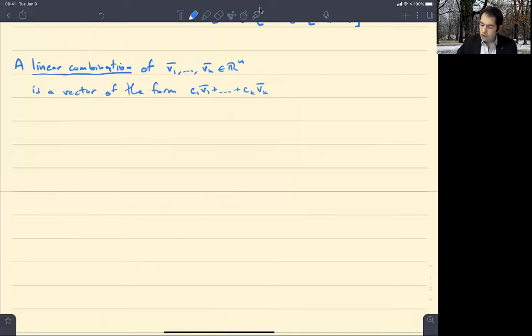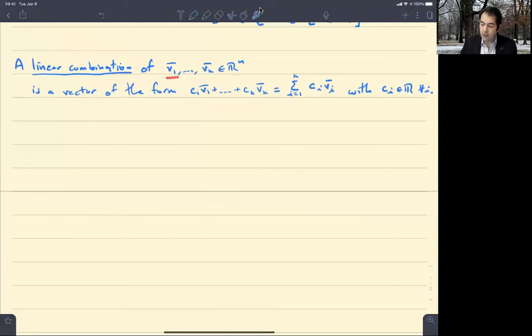Right? Here we'll introduce notation, which you may already be familiar with, sigma notation for sums. So this says sum these terms where your parameter i starts at 1 and goes up by 1 until you reach k. Right? So this is just a more compact way of writing this. And here, all we want is the ci to be real numbers for every i. Okay, so a linear combination is any vector of this form.